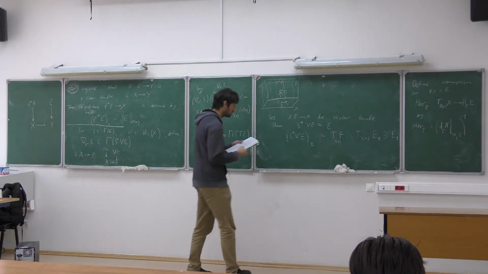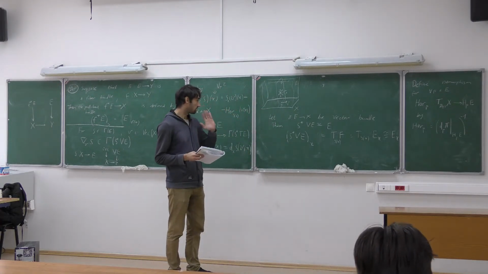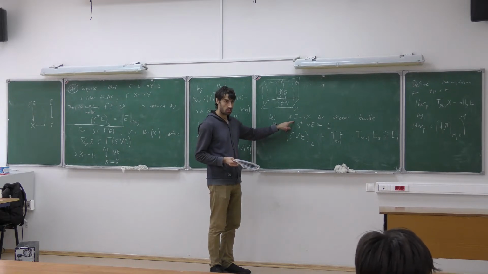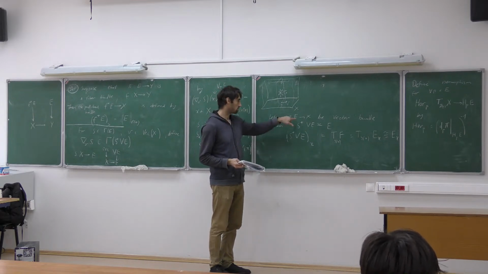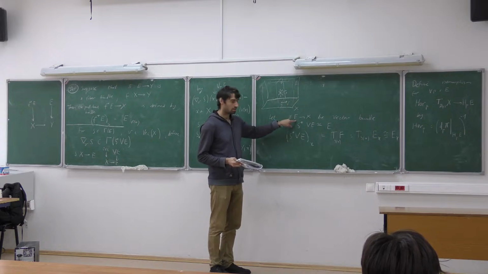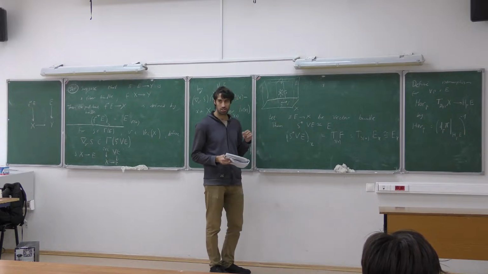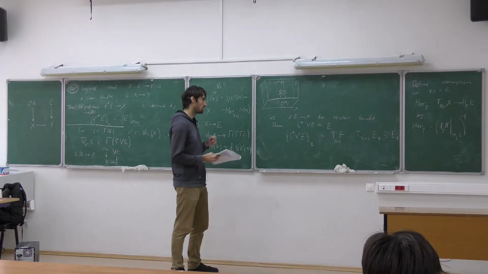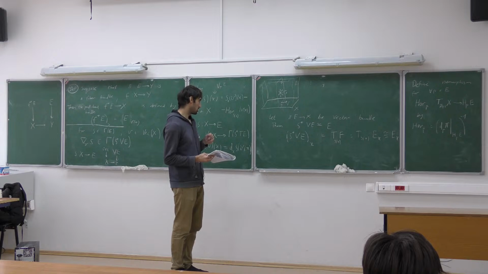But this is not it. If I consider this as a fiber bundle and consider any connection, an Ehresmann connection on a vector bundle, it will not be the covariant derivative connection that we introduced. So we additionally require that our connection is what's called a linear connection.